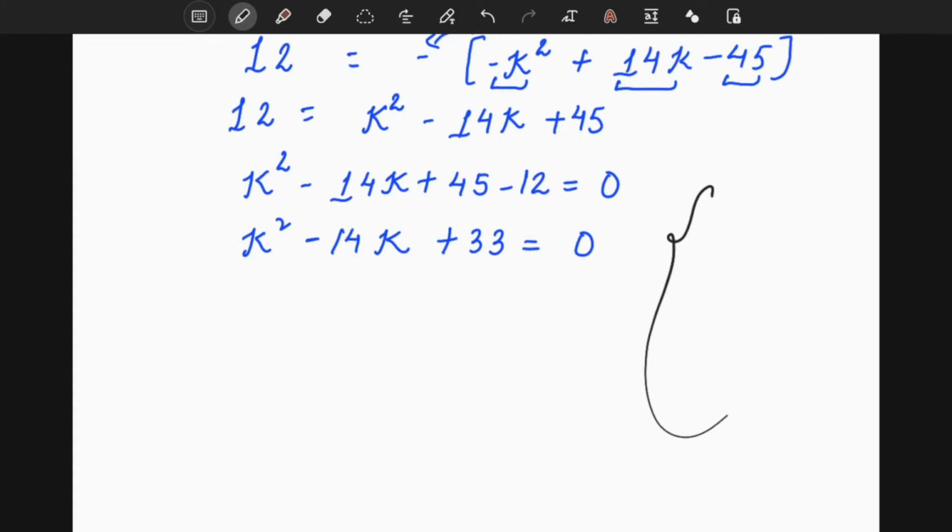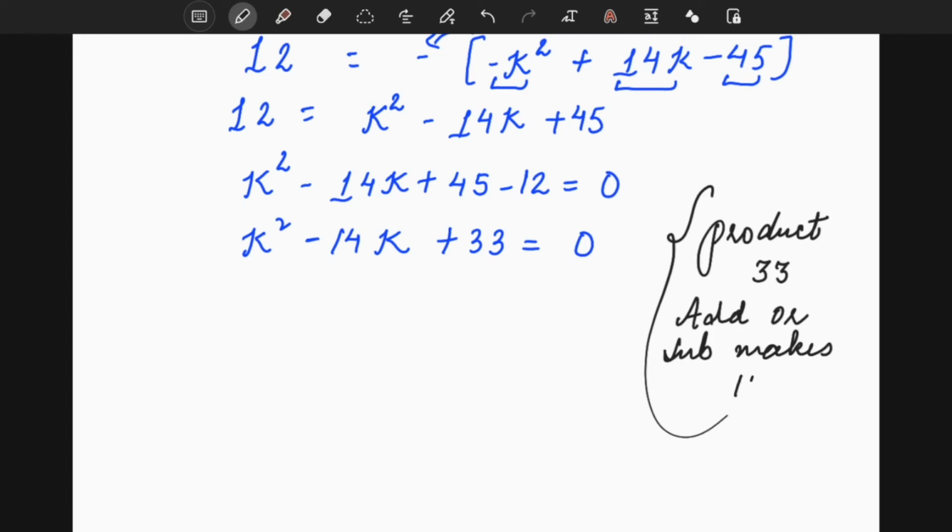Now we have to find numbers whose product makes 33 and whose addition or subtraction makes 14. Now we have to find a pair. If we see, it's 11 into 3.